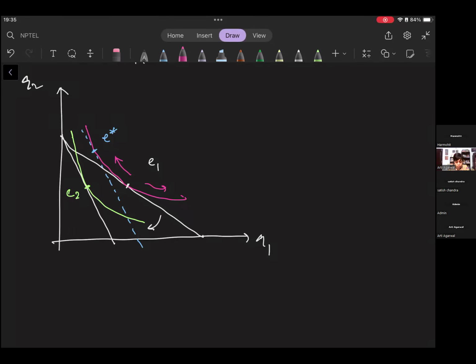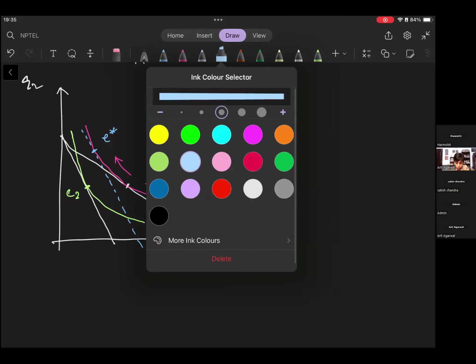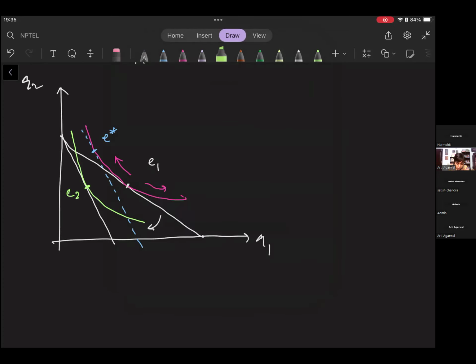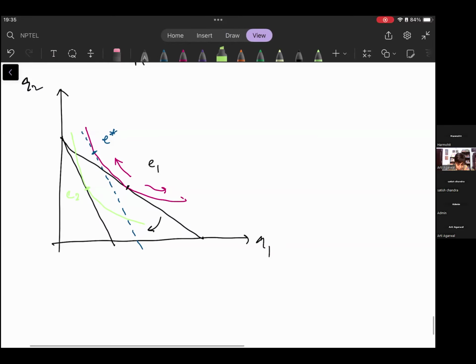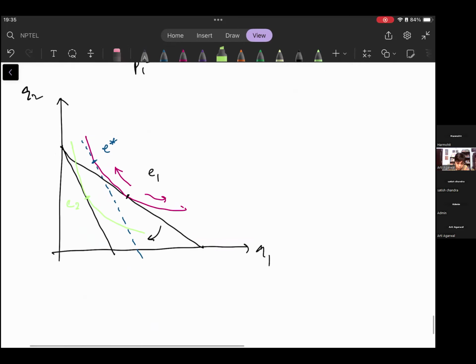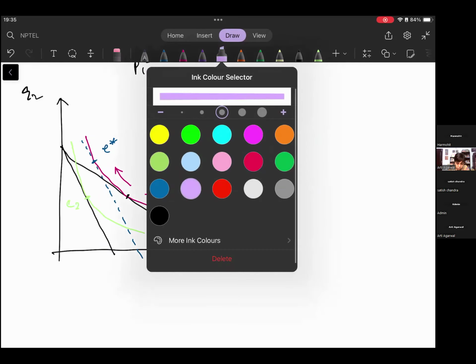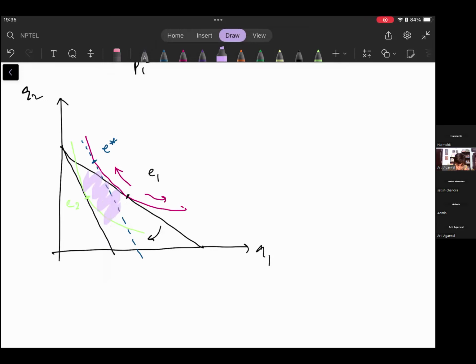What you're doing is you're compensating the person. I think I had explained this in the class also. Let me shade this. Which color should I use? This green. This part of the opportunity set or budget set is lost to the consumer, right?